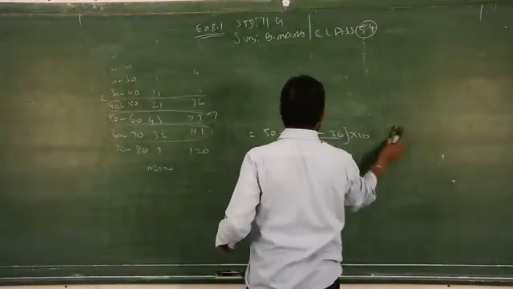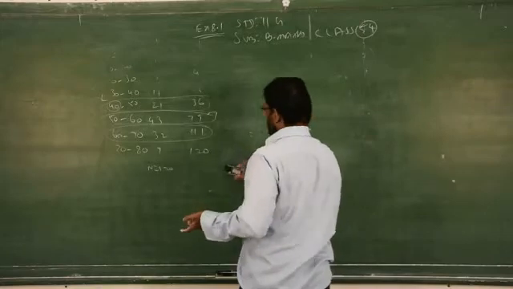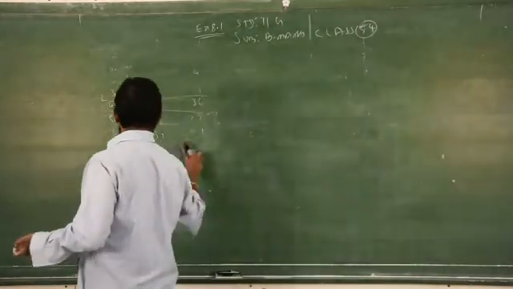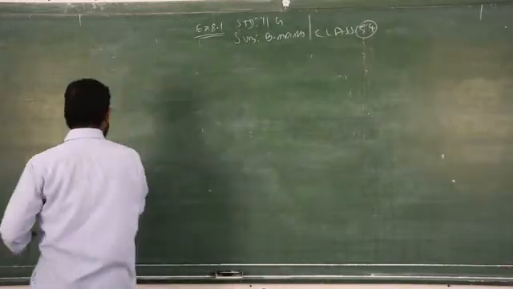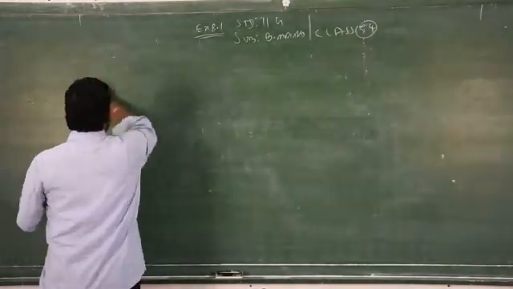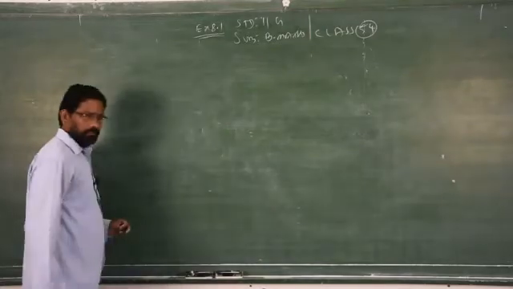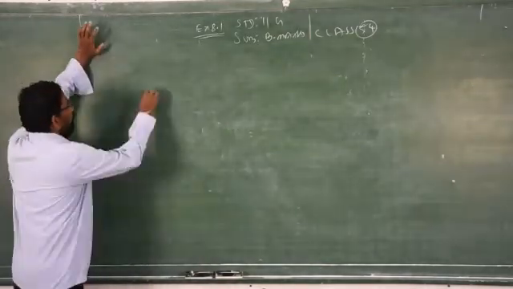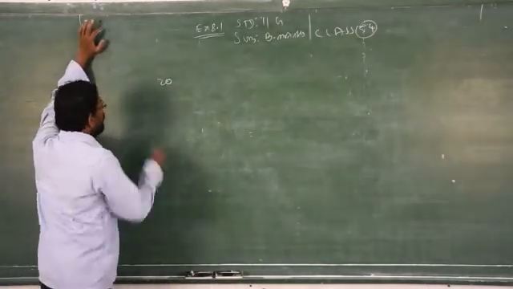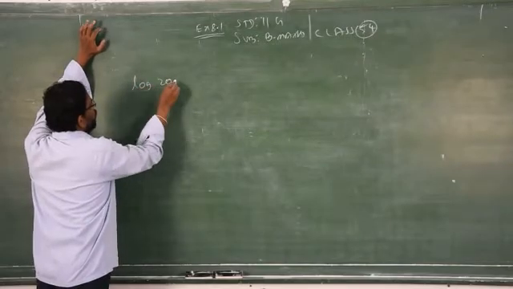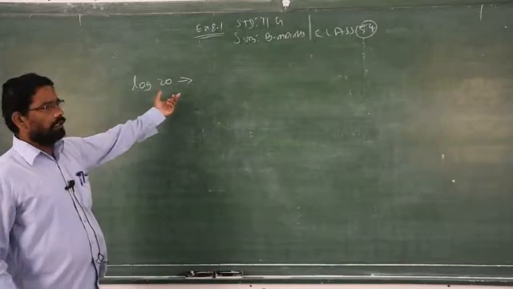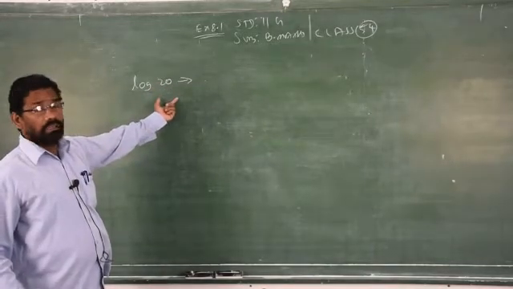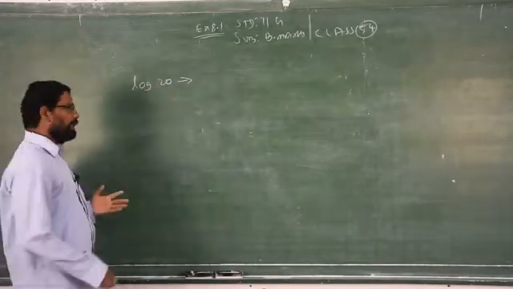Everybody knows there will be a logarithm table, or on the last page of the textbook we have logarithm and anti-logarithm tables. Clear? So to find a logarithm, for example 20, how do you find the value of log 20? Very simple. You should find out how many digits there are in the integral part. What is meant by integral part?